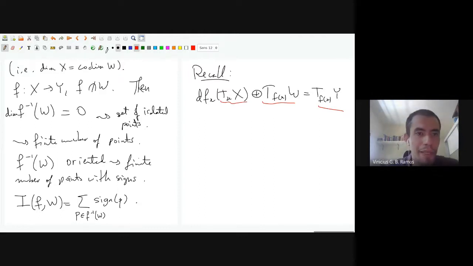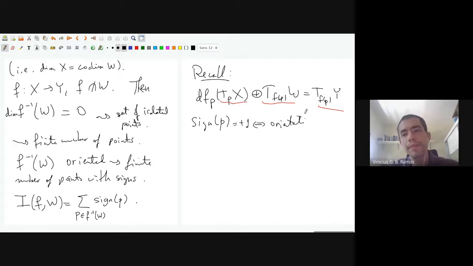I call the point P, so let me be consistent and call this point P. The sign of P is +1 if and only if the orientations above match. It's going to be +1 if these orientations match, and -1 if they don't match.